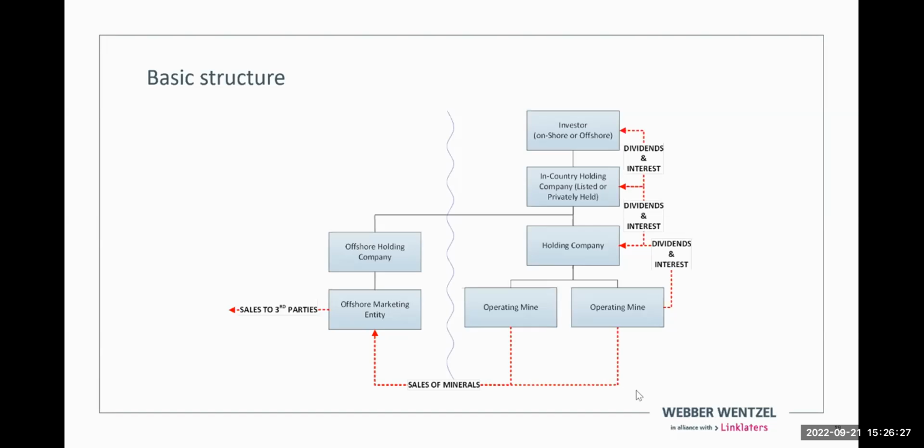I think understanding the composition matters: is it earning a service fee, or is the marketing entity actually paying for and acquiring the mineral with full legal title and full legal risk? As you flow from your operating mine, eventually the income flows into the holding structure to the investor level. You will predominantly have passive forms of income such as dividends and interest, which of course can be legally taxed within the realm of corporate taxes. Most jurisdictions will allow for exempt dividends and somewhat exempt interest to flow through an economic unit, so a group of companies with a specified level of participation in one another.